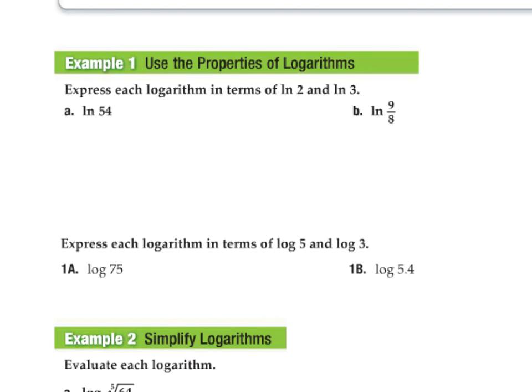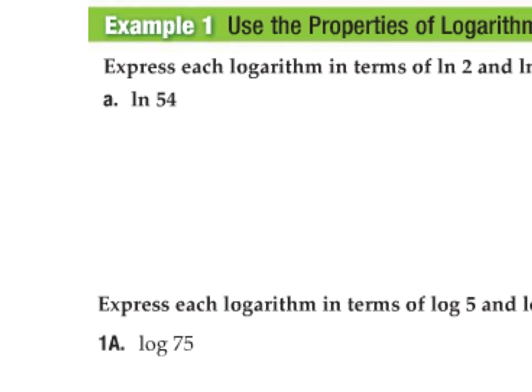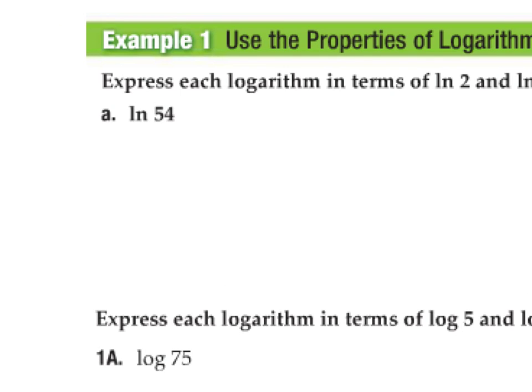So we're going to change that to a product, preferably the product of primes, because 2 and 3 are both prime numbers. 54 is the product of 2 and 27, and I can write 54 as 2 times 3 to the third. 3 to the third is 27.